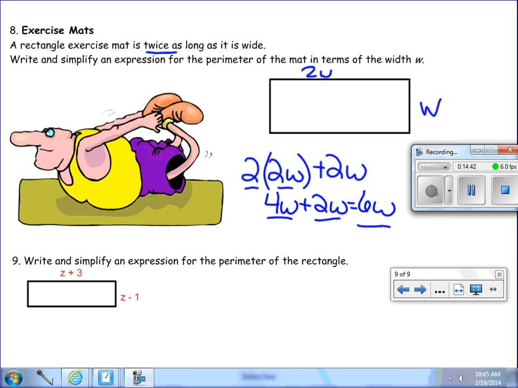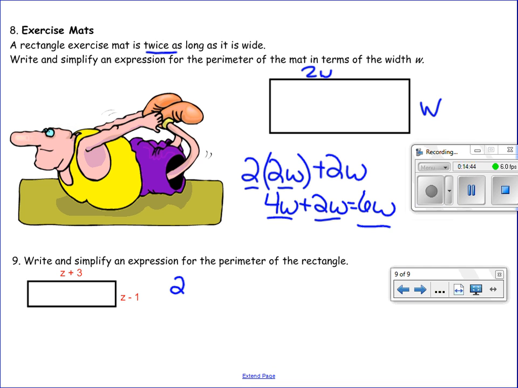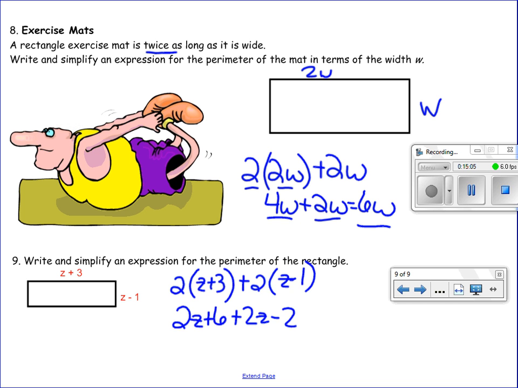So we're going to be writing an expression for the perimeter of the rectangle. We have 2 lengths, which is z plus 3, plus 2 of the widths, which is z minus 1. I'm going to use the distributive property: 2z plus 6 plus 2z minus 2, because 2 times negative 1 is negative 2.